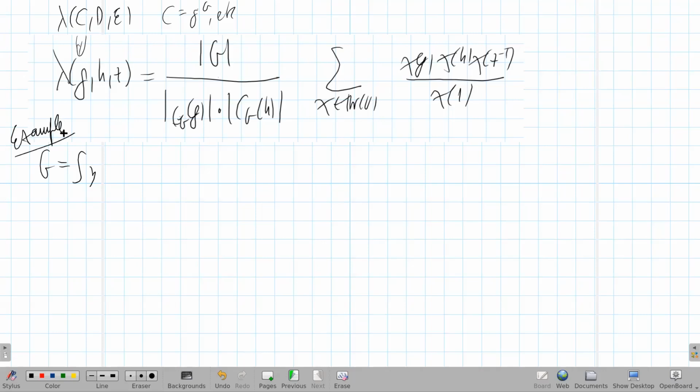So as an example, we redo the calculation when G is S3, but I have to have the calculation here, otherwise I'll actually miss it. And so C will be the class of (1 2), and D will be the class of (1 2 3). So this is G, and this is H, okay?